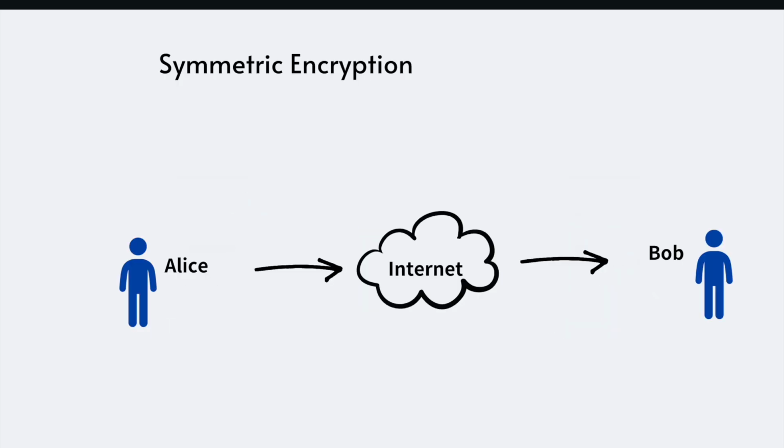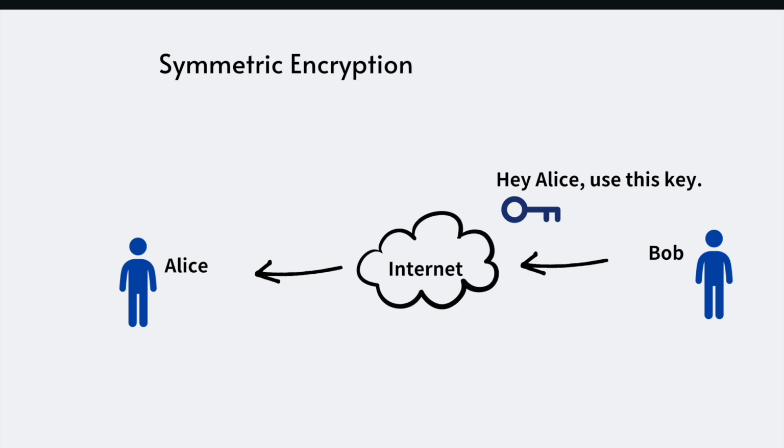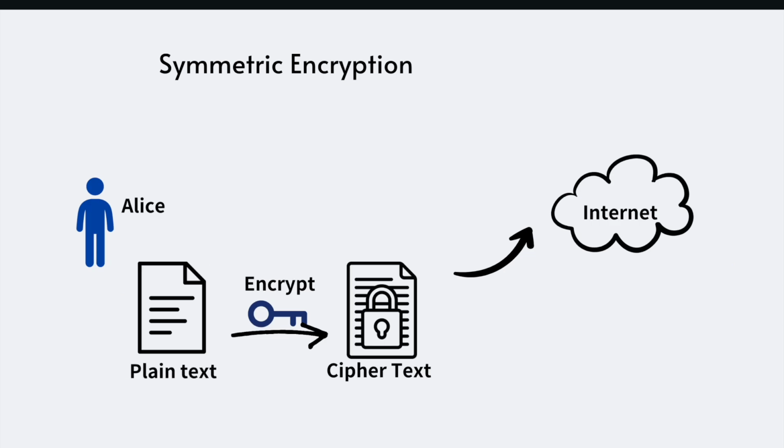Today, if Alice wants to send a message to Bob, then at the beginning, Bob needs to give Alice a key to communicate. So in symmetric encryption, at the beginning, Alice will get a key from Bob, and Alice can use this key to encrypt.